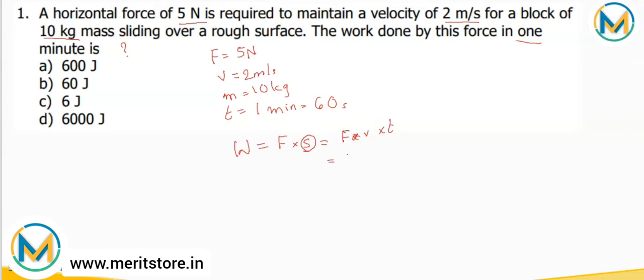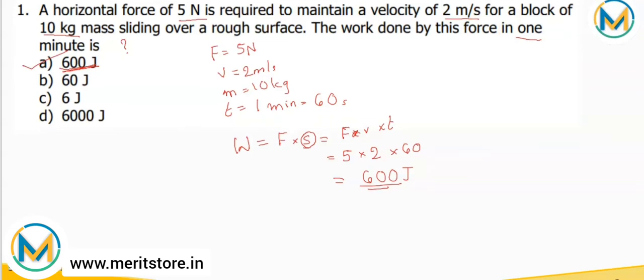Substituting the values, force is 5, velocity is 2 meter per second, and the time is 60 seconds. Doing this calculation, we get the answer as 600, and the unit for work done is joule. Looking at the options, we have 600 joule in option A, and thus the correct answer is option A.